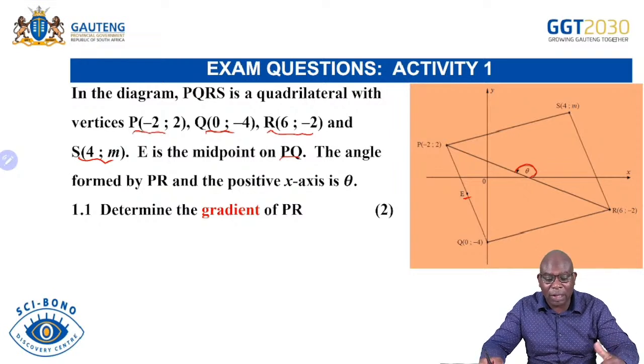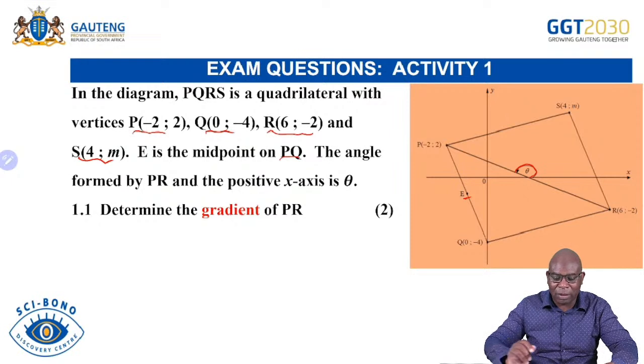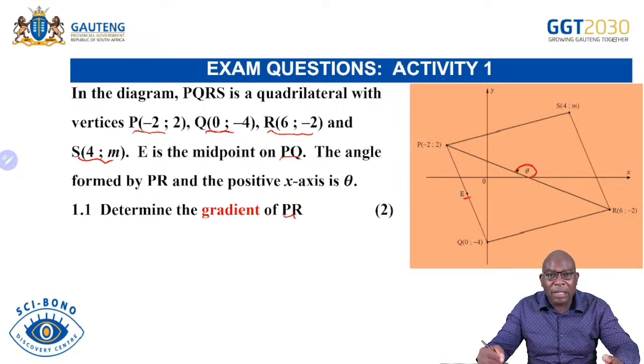You realize in the examination guidelines they said we must be able to calculate the gradient of a line given 2 points. Sometimes we're given lines that are parallel or perpendicular, and we must also know how to calculate the gradient of those lines. So in this case you go to PR, and these are easy marks.